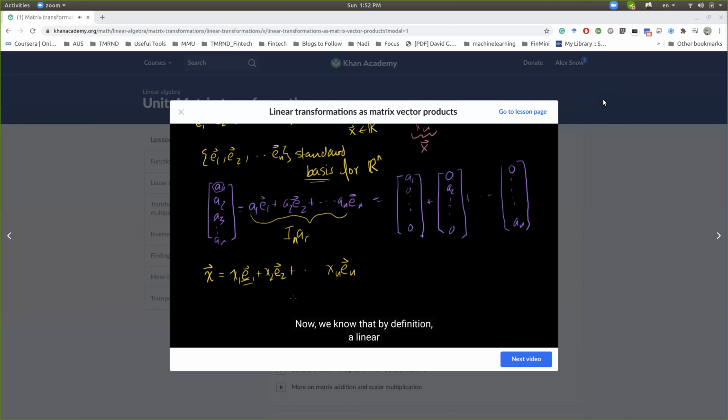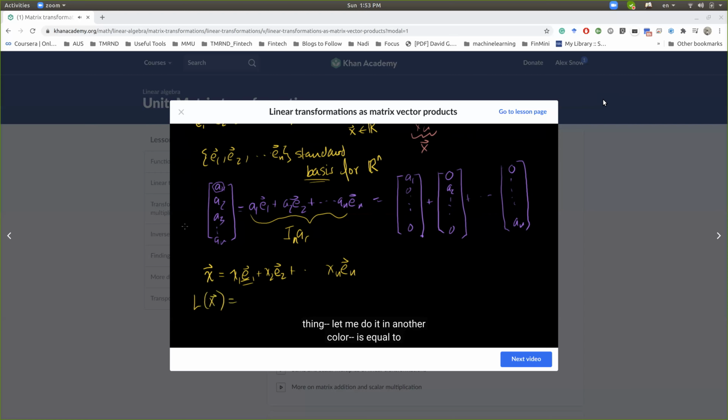Now, we know that by definition, a linear transformation of x, let me put it this way, a linear transformation of our vector x is the same thing as taking the linear transformation of this whole thing.